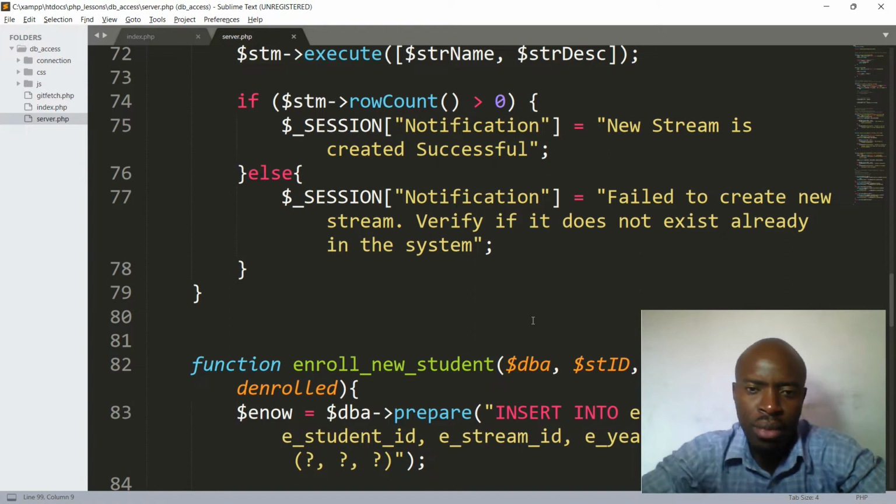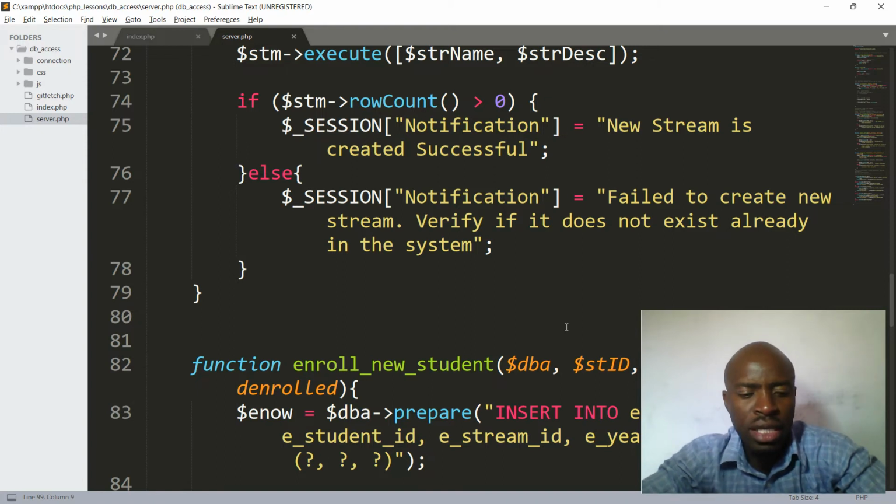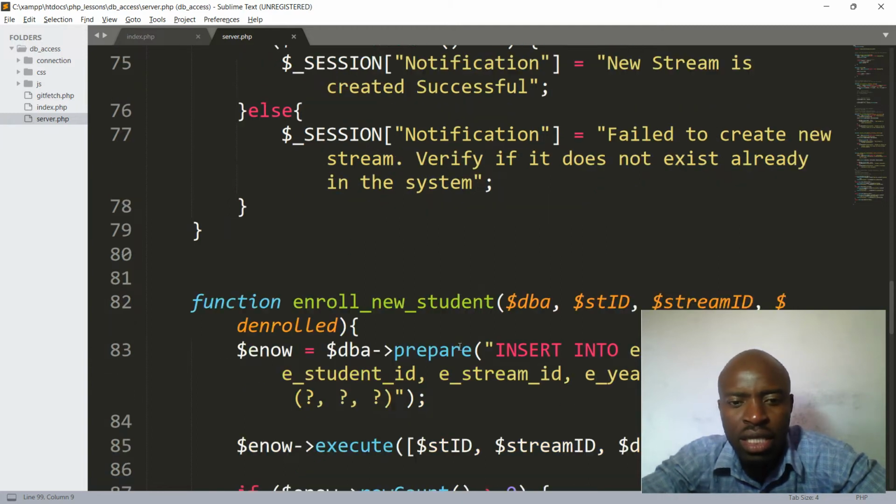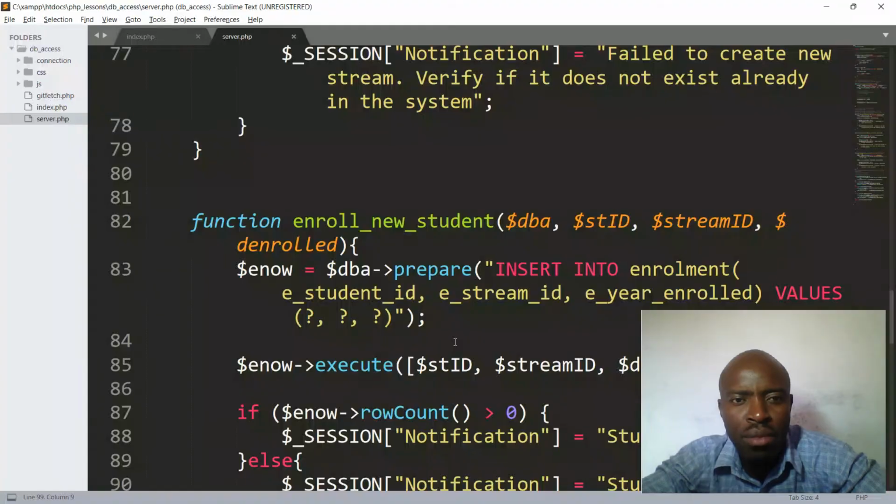So let's remember the data we need is all about the course name and the date enrolled. Those are the things that we need. If those are the things that we need, we'll start getting that data even before we do anything.